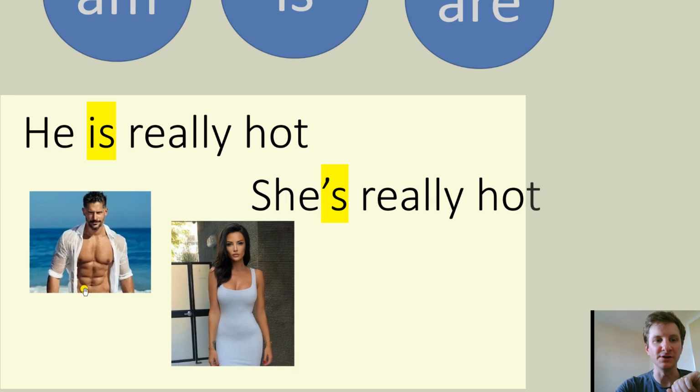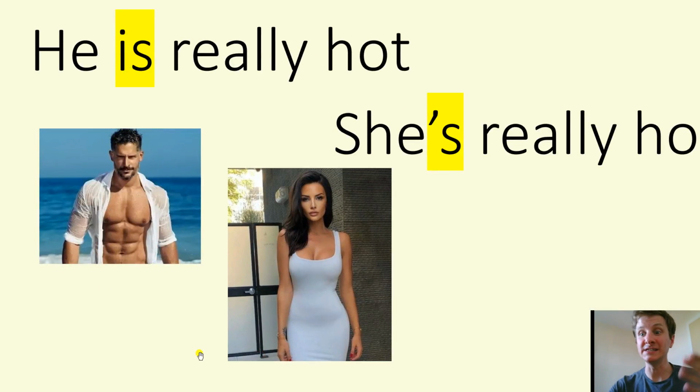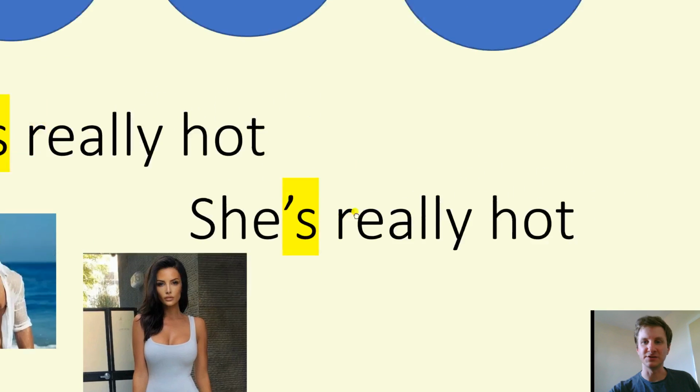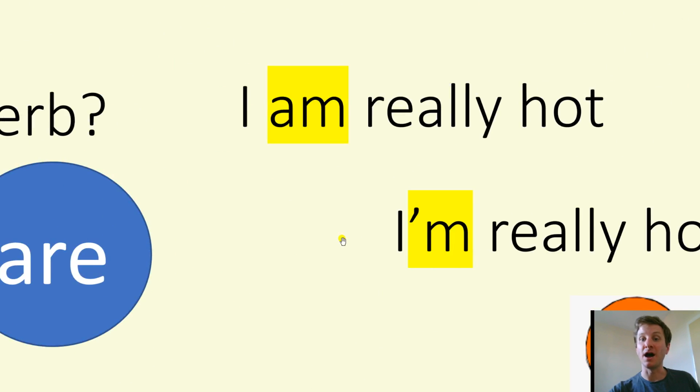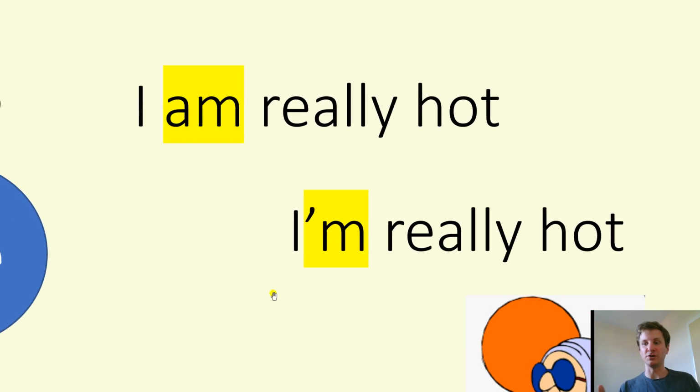He is really hot, or she's really hot. Be careful with hot, because it has different meanings. If you say he's hot or she's hot, it means he is handsome, she is pretty, they are attractive. It's not the same as I am really hot or I'm really hot when your temperature is hot.